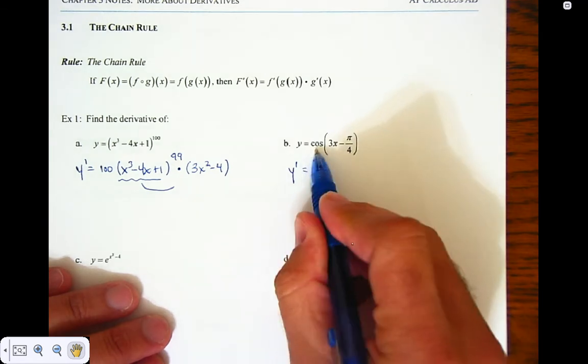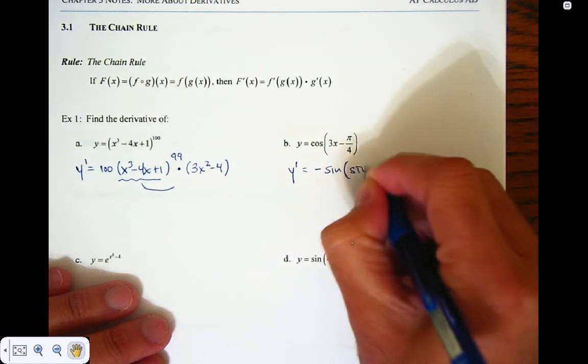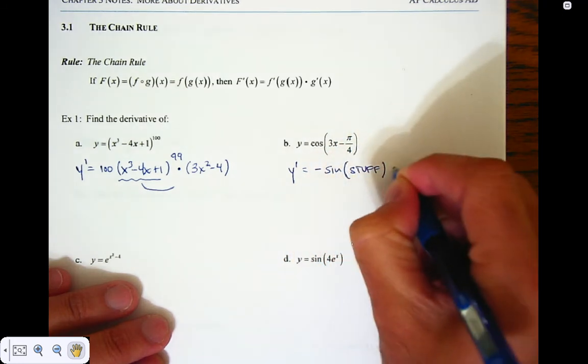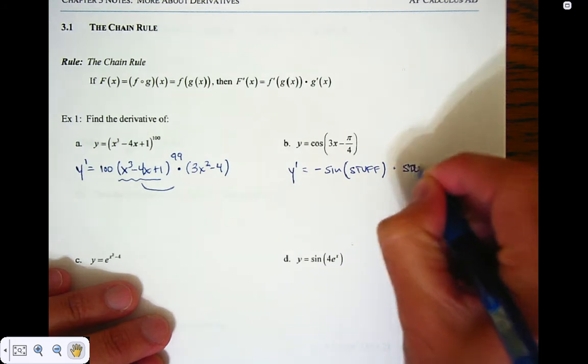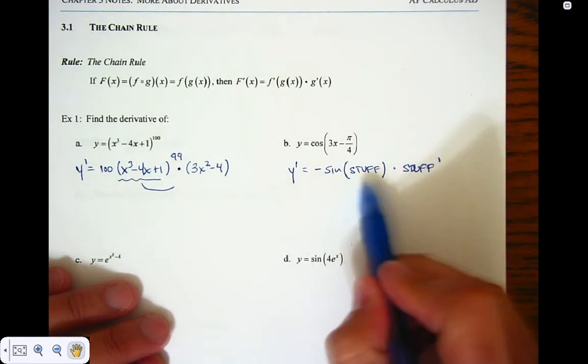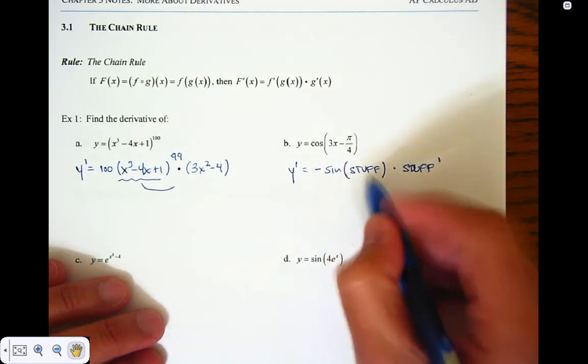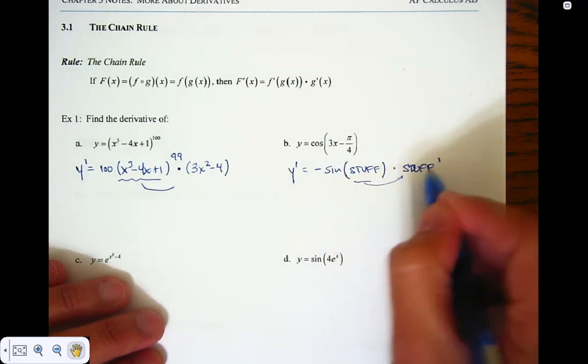So the derivative of cosine would be negative sine of the stuff, times the derivative, I'm going to write it like this, of the stuff. This is weird, but you'll get more used to it. It's negative sine of the stuff, whatever that is, and then times the derivative of that stuff.